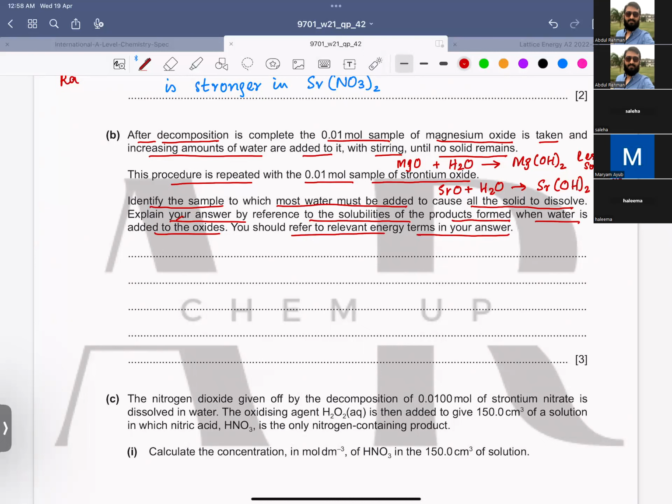Okay. So if magnesium hydroxide is less soluble, we can say that magnesium oxide needs more water to dissolve because magnesium hydroxide is less soluble than strontium hydroxide.